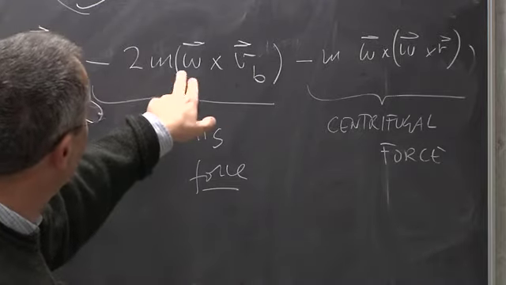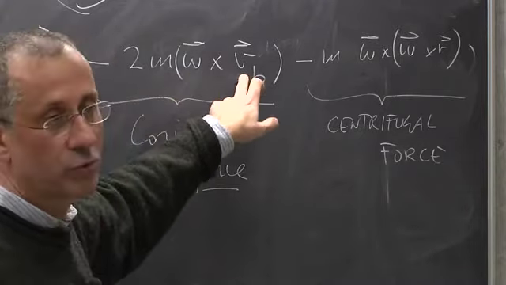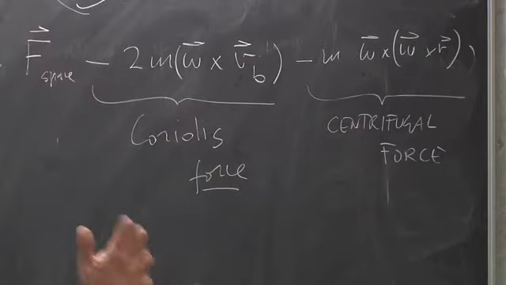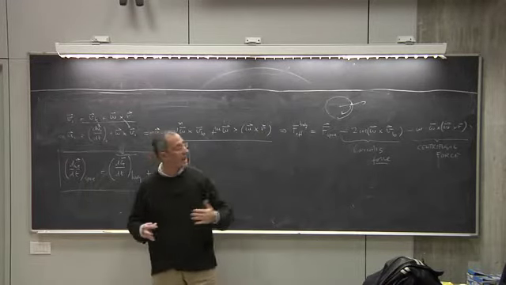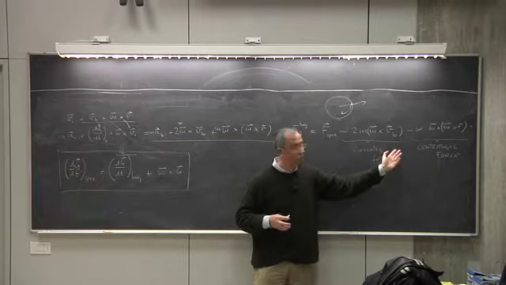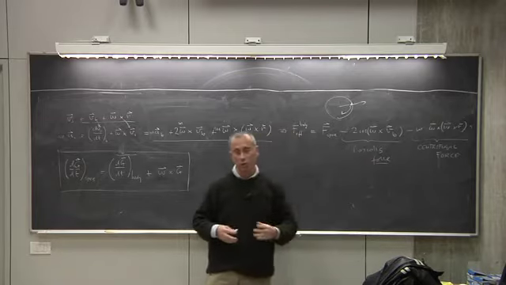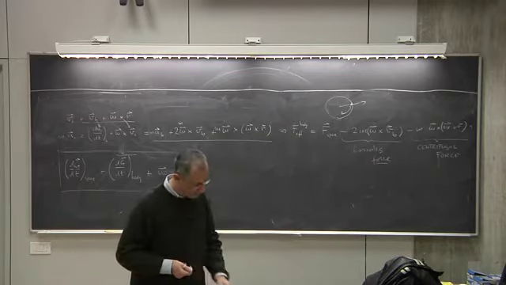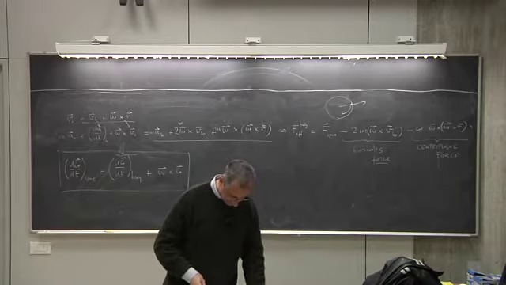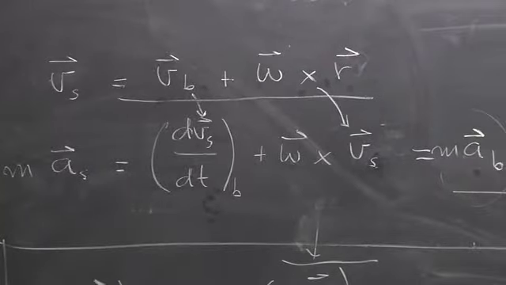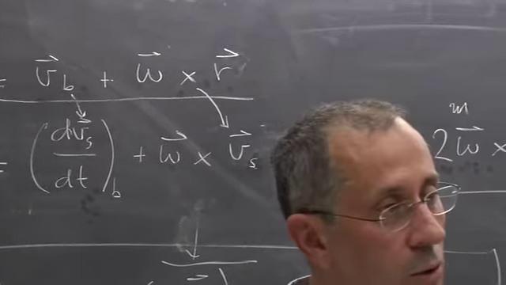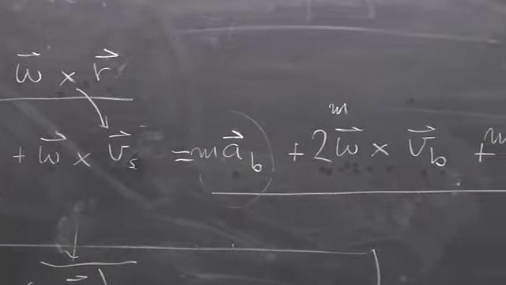This one is a little bit more complicated in the sense that it's proportional to the velocity. So as long as you do not move, there is zero Coriolis force. But as soon as you start moving, then you have a component called the Coriolis force that is acting on you just because you are in a frame that is rotating. Okay? Did you know about that? You did. Everybody knew? Well, now you do.